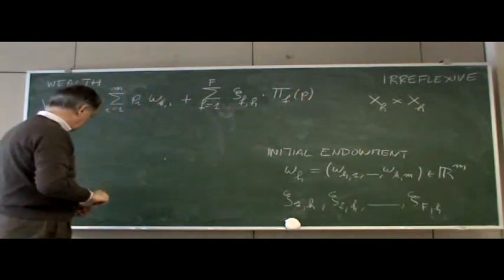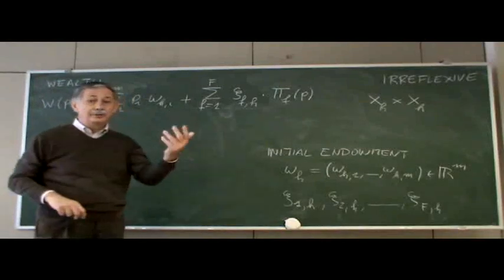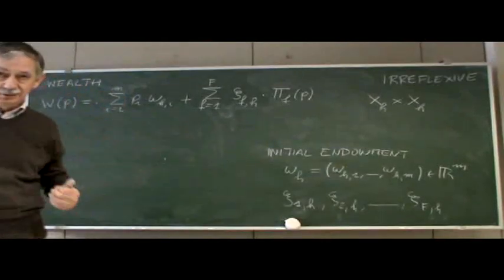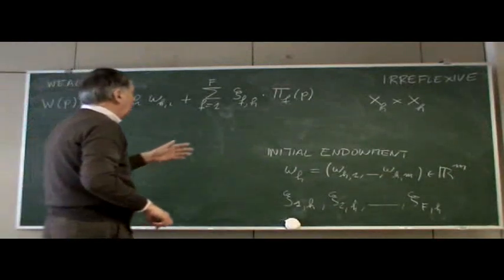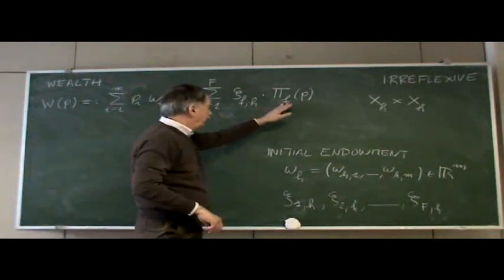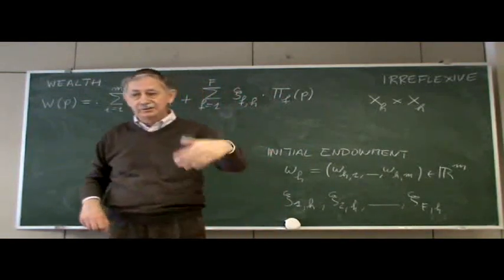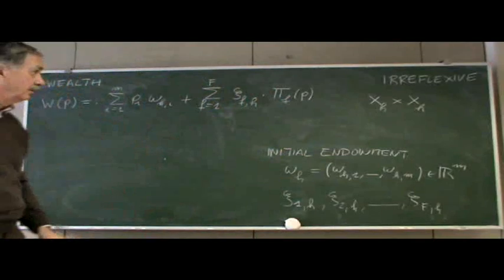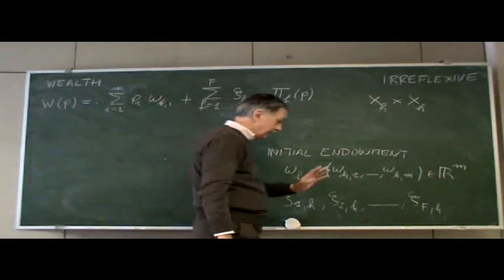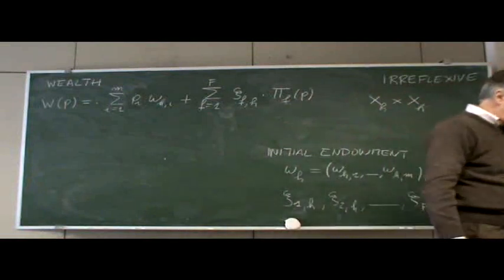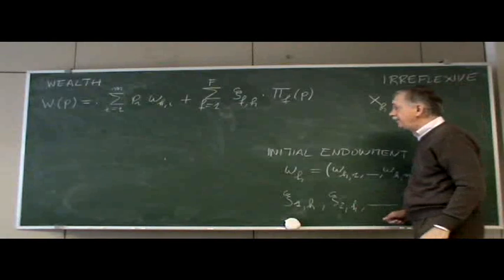In other terms, if I am the owner of 10% of the shares of firm F, I shall receive 10% of its profit, and so on, for all the other firms. This is the level of wealth when you also consider these shares.